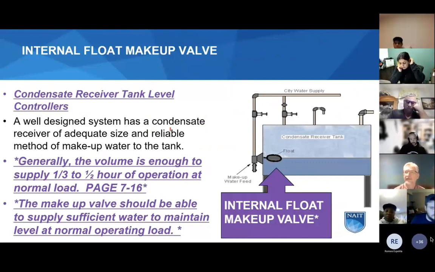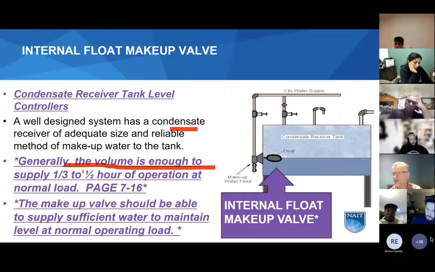A well-designed system has a big enough receiver and a reliable method of makeup, generally big enough to supply. And in this one, it said 20 to 30 minutes. Guess what? That's the same as 1/3 to 1/2 hour of operation at normal load.